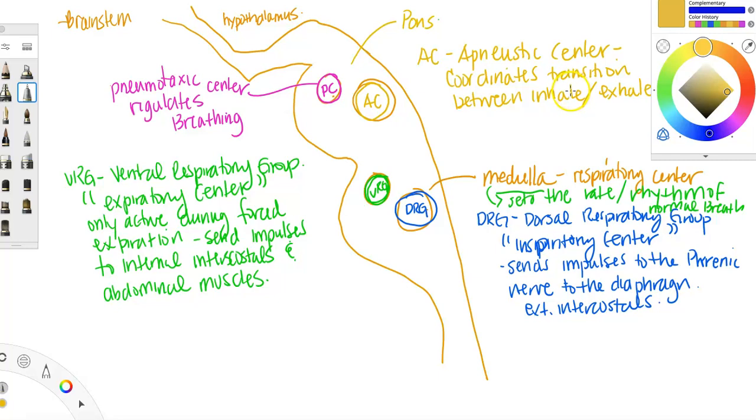It basically fine-tunes the respiratory centers, fine-tunes things. Okay, so that's a coordinated thing. So the pons itself basically regulates the rate and depth of breathing.